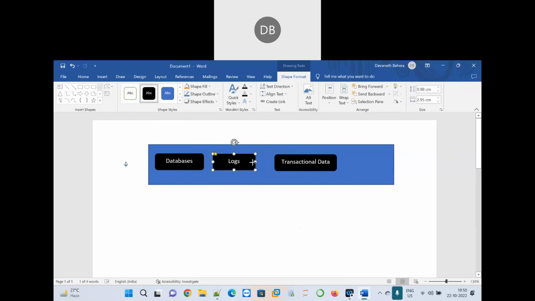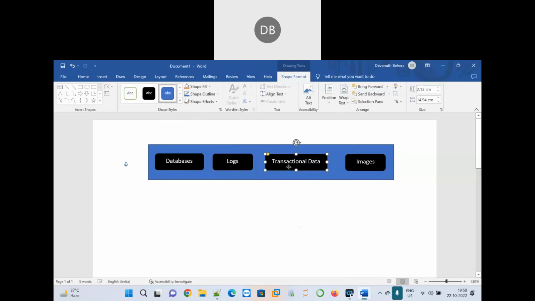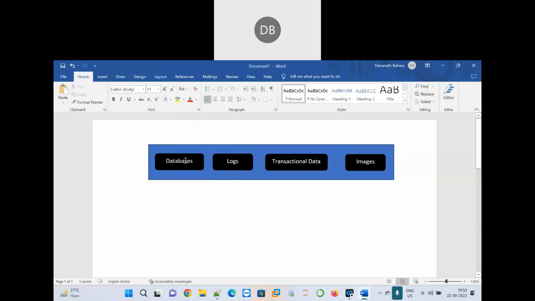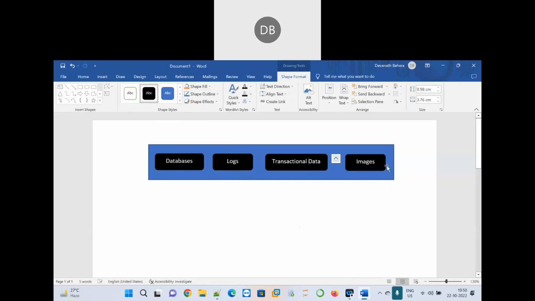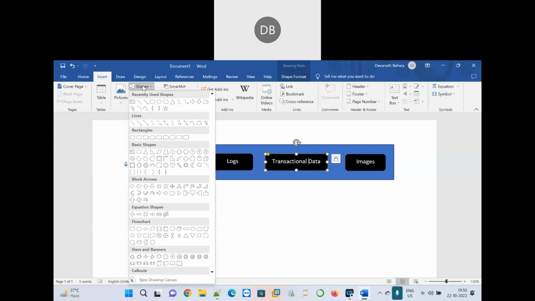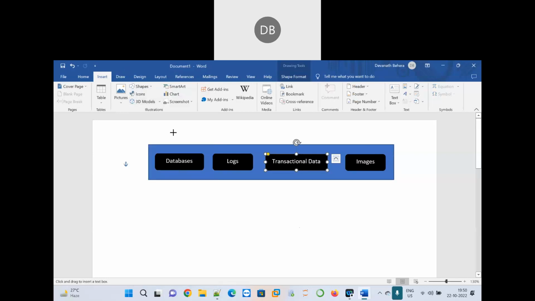Then, let's say, images or audio. These are the different kinds of sources. We are getting data from any databases. We might get some log file, or transactional data, or image data, or audio and video files. Okay, this is nothing but what is known as the sources.